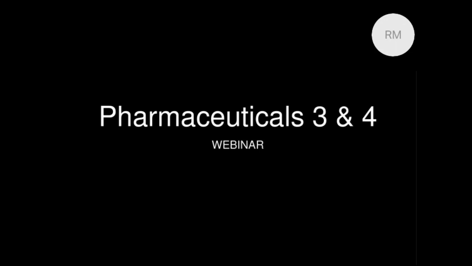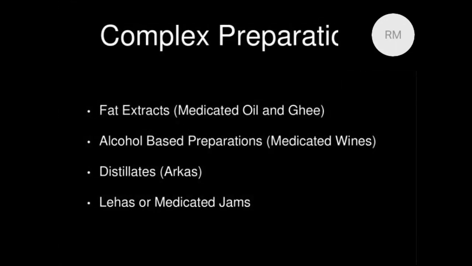So let us start. Some of the complex preparations that we have not discussed are the fat extracts. Fat extracts are again of two types. We have the medicated oils and the medicated ghees. And then we have the alcohol-based preparations, which are the medicated wines.